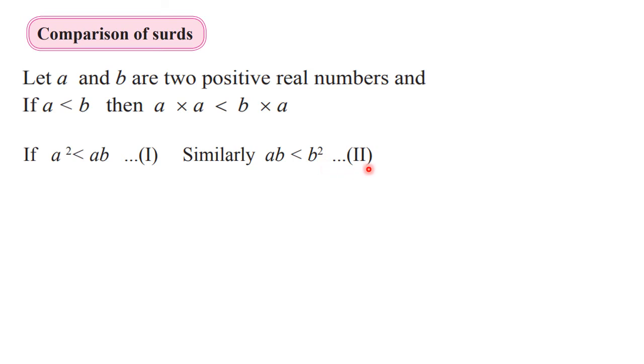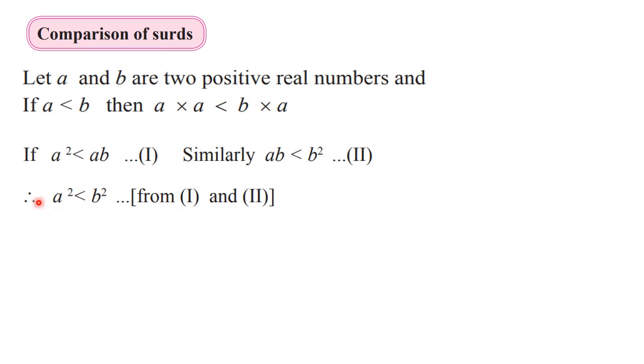Number this as 2. Now when we studied the order relationship, we saw that if the first number is less than the second and the second is less than the third, then obviously the first number is less than the third one. So from 1 and 2 we can write that a square is less than b square.